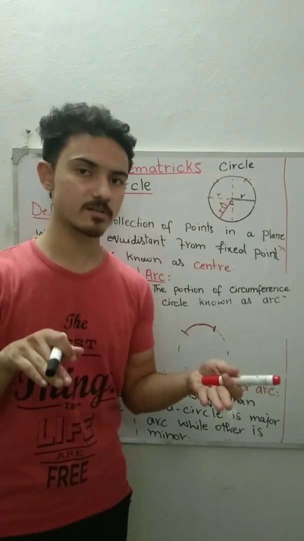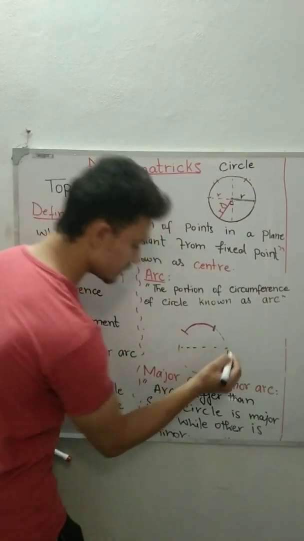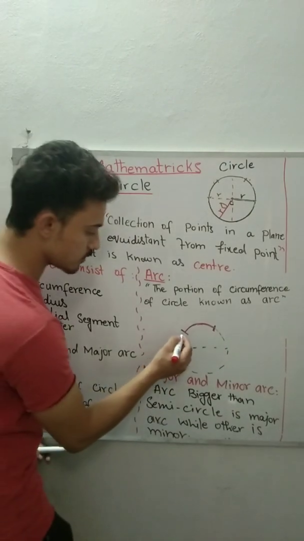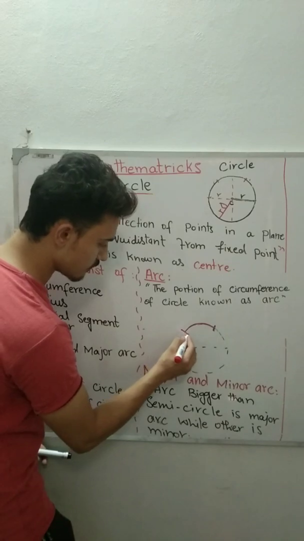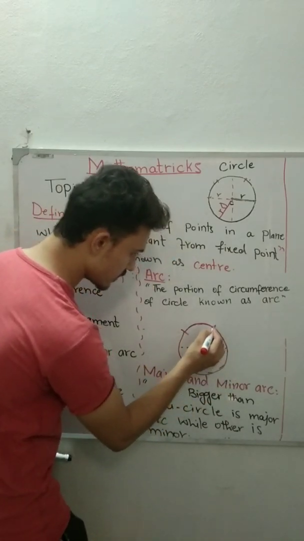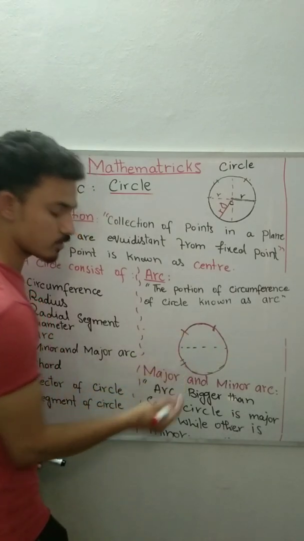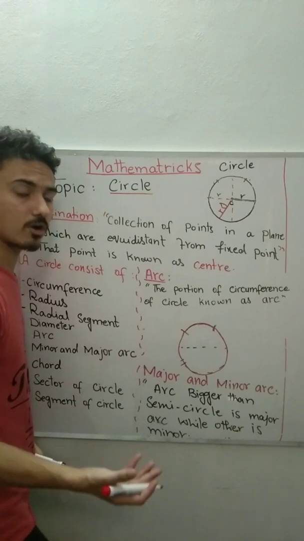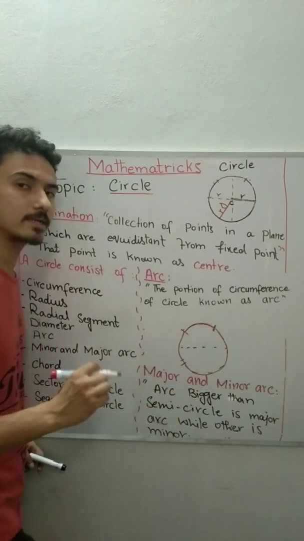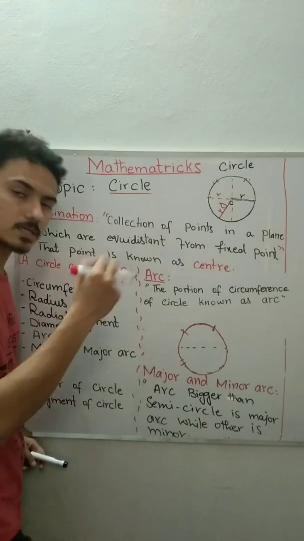Semicircle means half of a circle. So the arc which is bigger than a semicircle, suppose this portion from here to here, because that's bigger than a semicircle, is known as the major arc, while the other one is known as the minor arc because it is smaller than a semicircle. So we basically have two arcs, major and minor, in a circle.